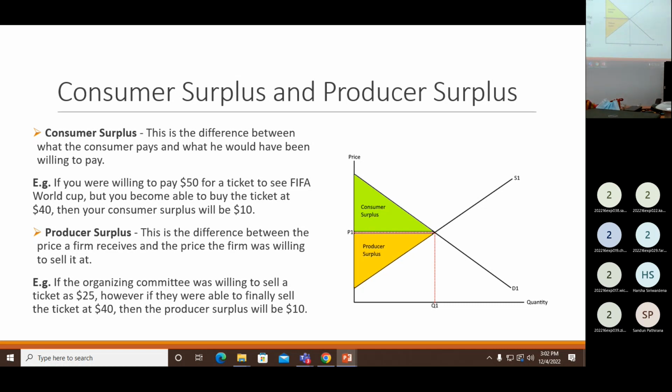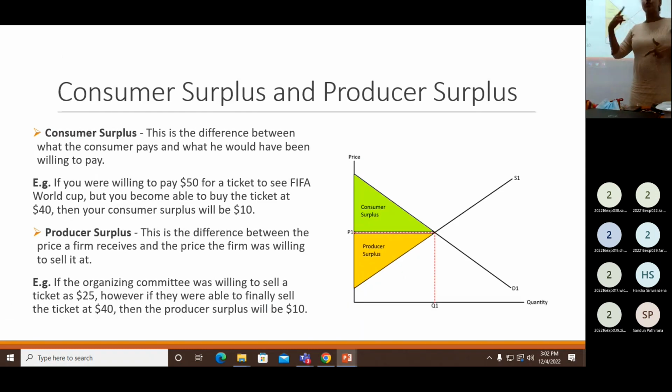You're making extra profit, so it's your producer surplus. So this should be 15. That is producer surplus per ticket, multiplied by the number of quantities you sell. Is that clear? So that is how you calculate consumer surplus and producer surplus.